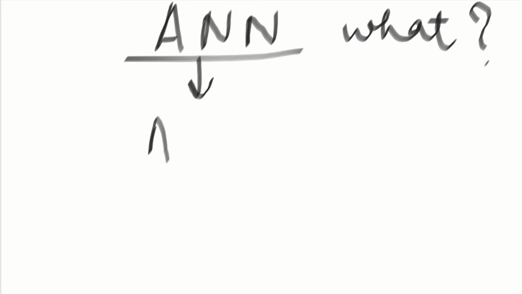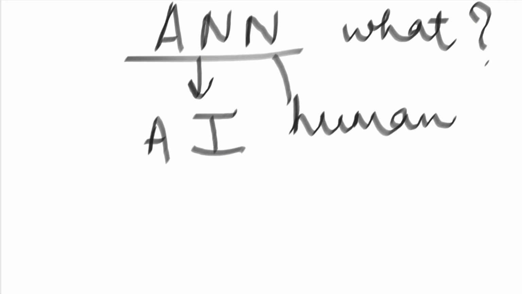ANN, Artificial Neural Network. Before we proceed with the when and why and where, we talk about what is ANN. It is a branch of artificial intelligence which works like a human brain.